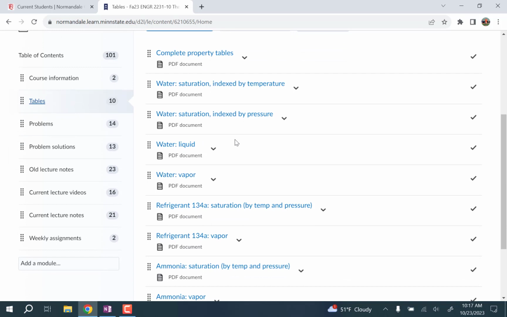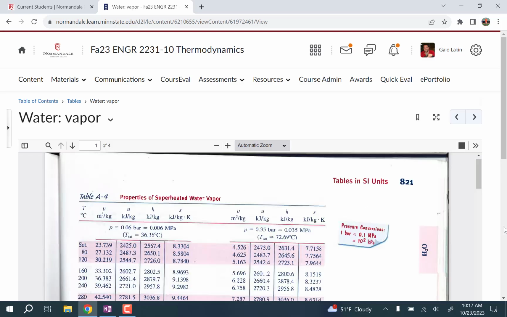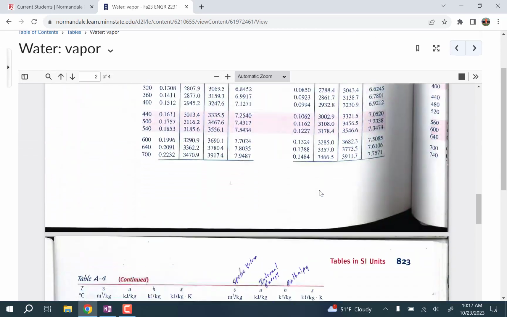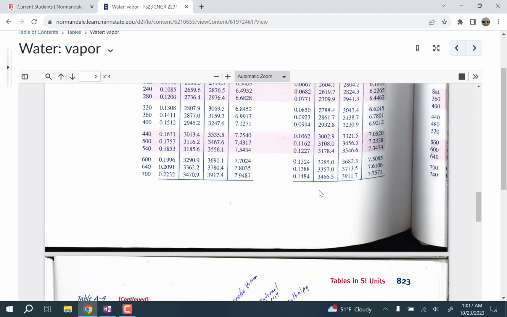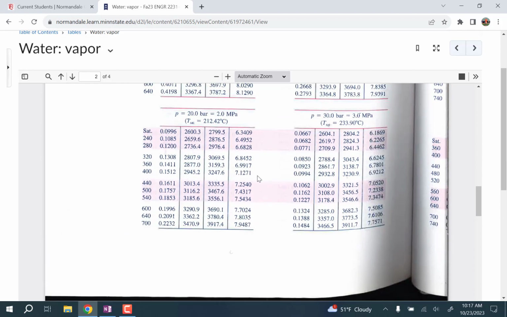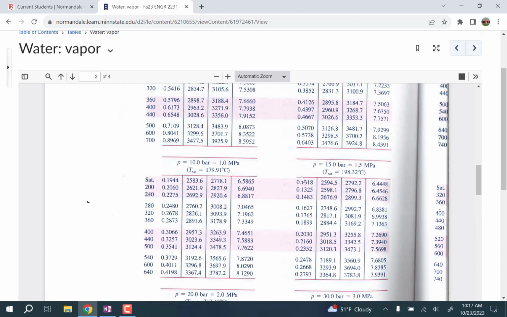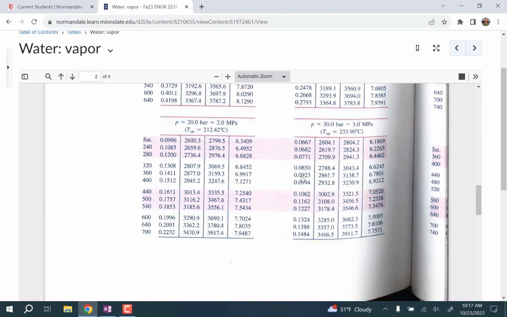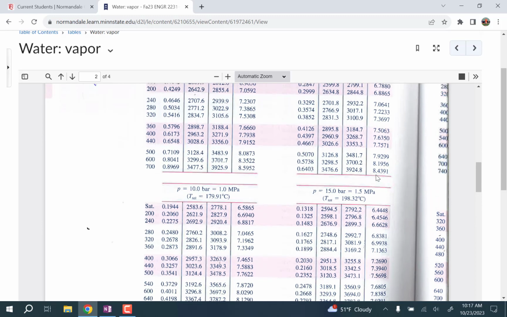This is water. We're starting out with vapor, steam. So 30 bar, 400 degrees Celsius, and we have a specific entropy of 6.9212.